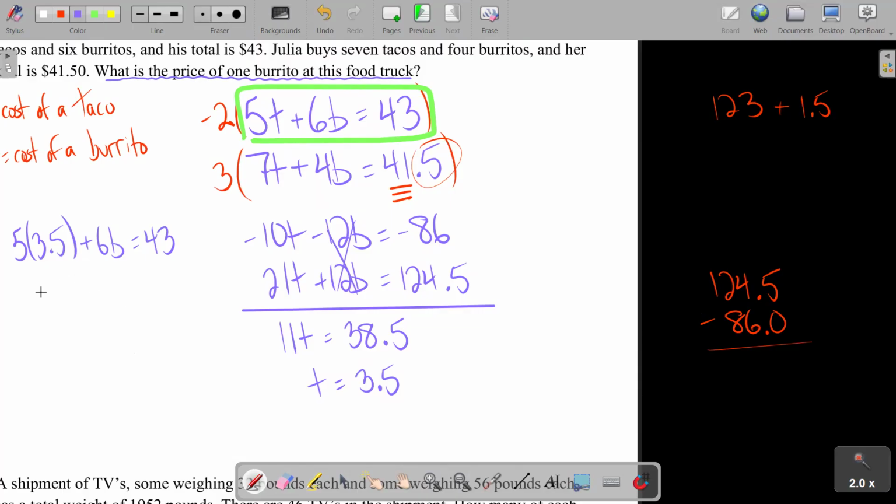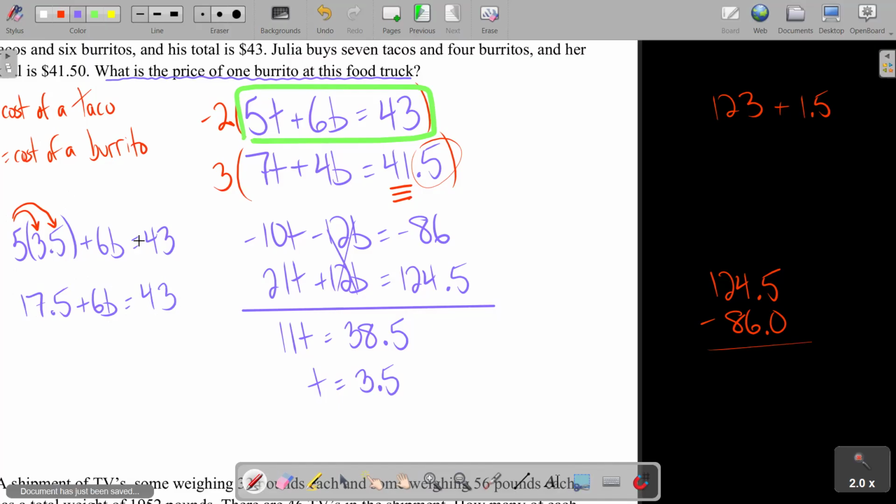I don't know where the negative would come from. 5 times $3 is 15. 5 times 50 cents is 2.50. I'm seeing 17.50. Because 5 times 50 cents is 2.50. Bless you.